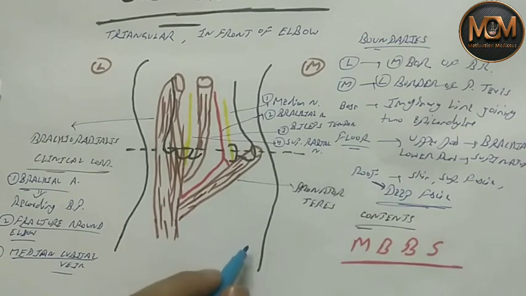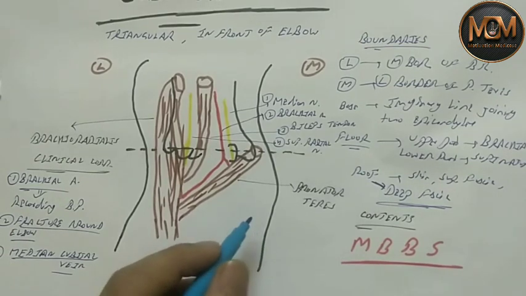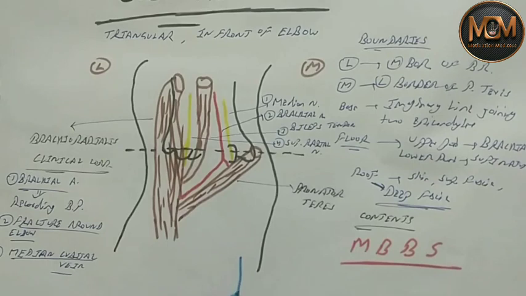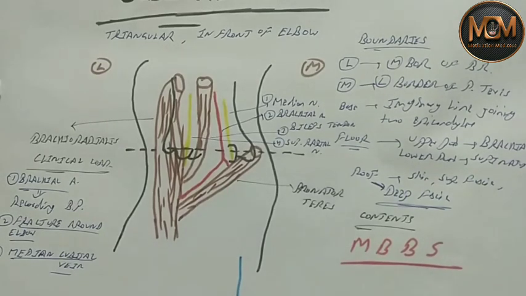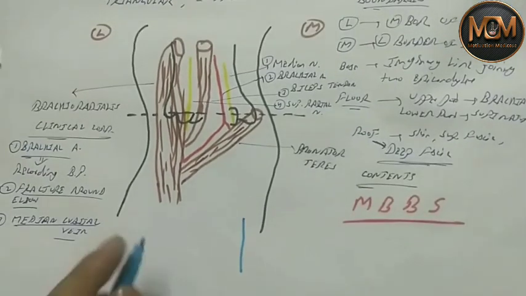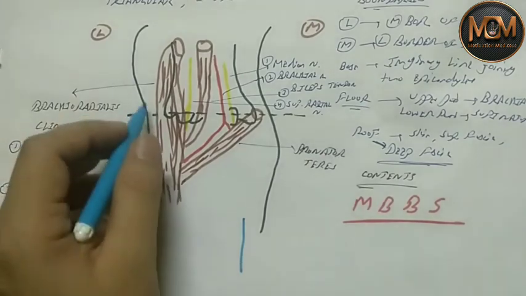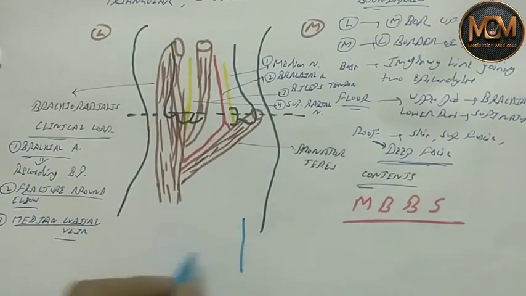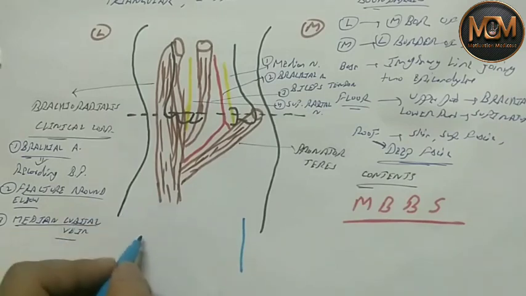If you put your hand on a table, your medial side will be the base. There is a basilic vein on the medial side, while on the lateral side there is the cephalic vein.